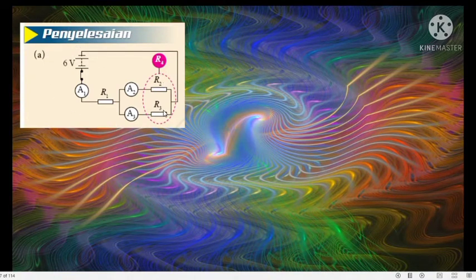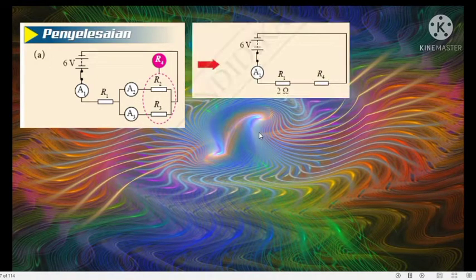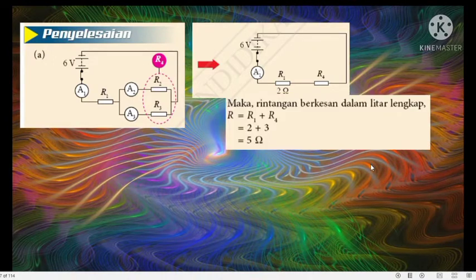R2 and R3 is the parallel part of the circuit. So we need to find the effective resistance for this part and then replace it with a new resistor R4. This activity is like simplifying the circuit so that it becomes easier to solve problems.